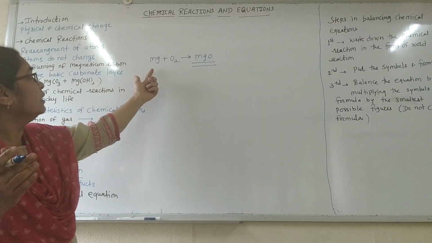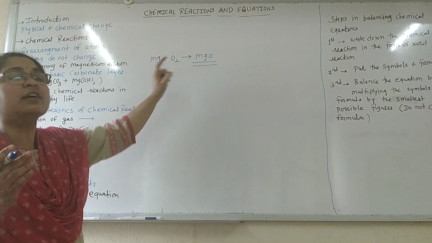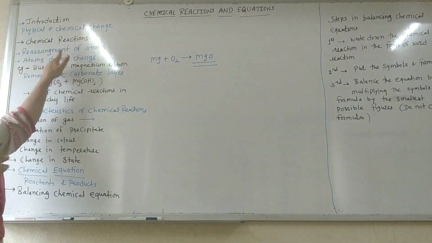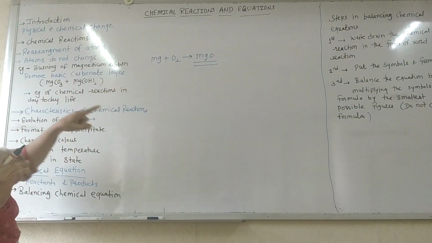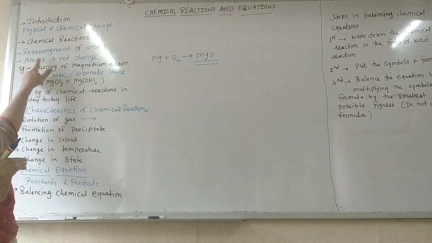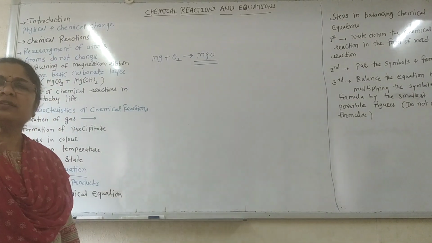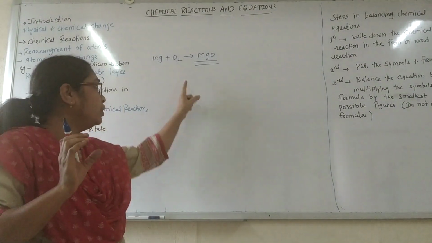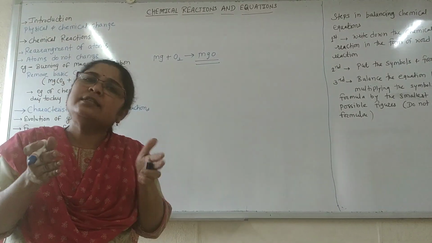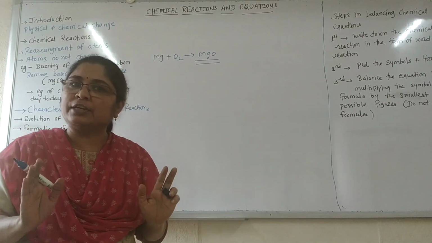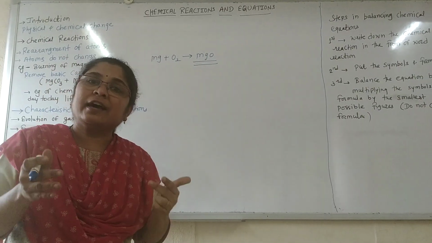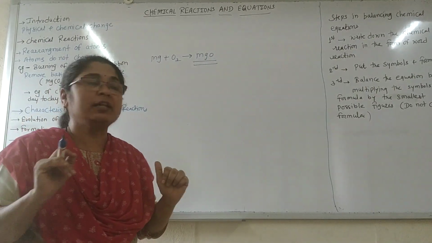So here the ions are exchanged during the chemical reaction. Atoms do not change. The atom of magnesium and the atom of oxygen remain as they are during the chemical reaction. Only the free ions are exchanged.